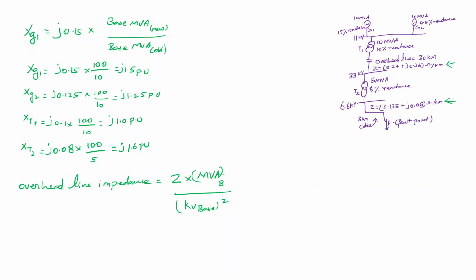And we need to find it not for a single kilometer but for 30 kilometers, so we multiply this value by 30. Apply the formula and tell me the value. What is the overhead line impedance value?